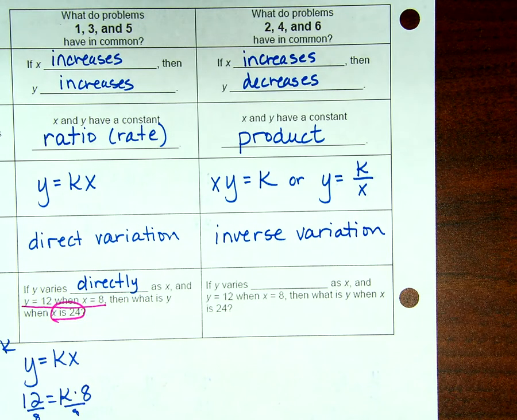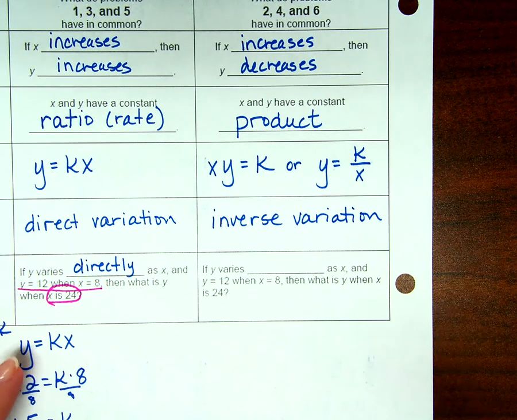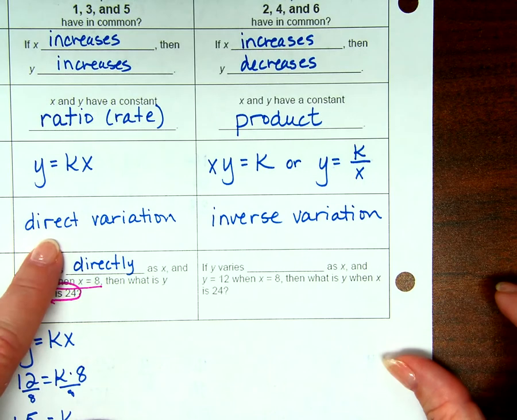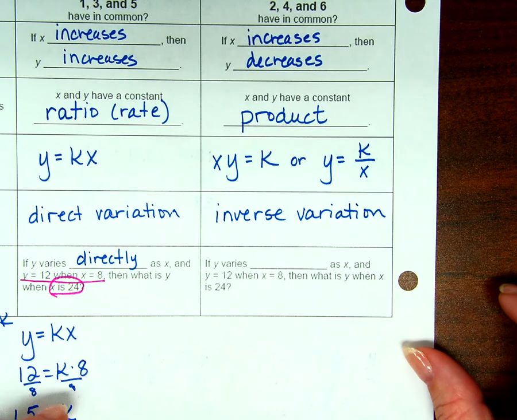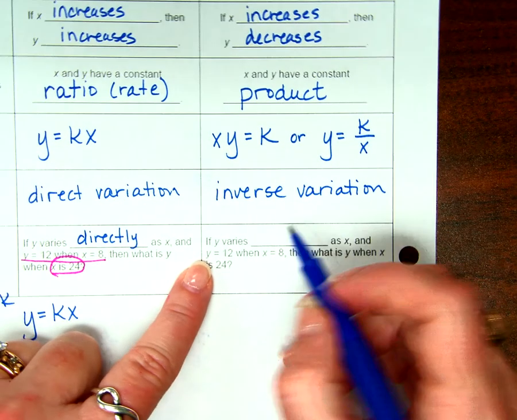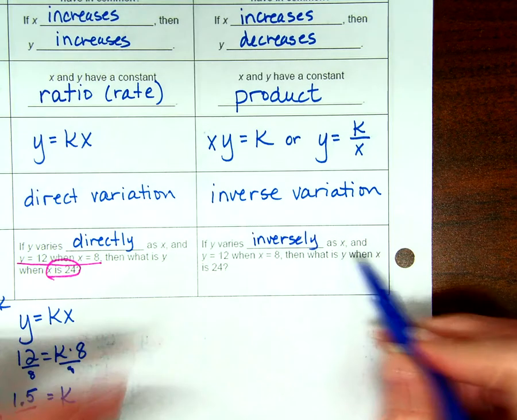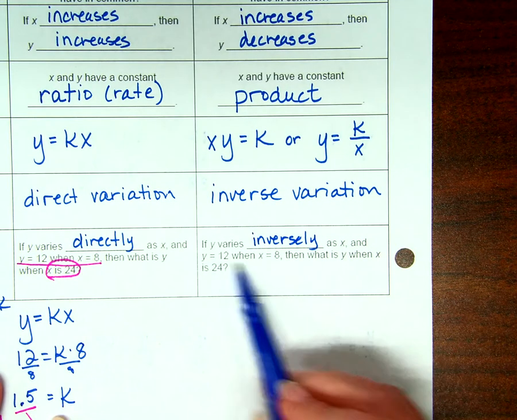Inverse variation. The way that things change. It's either a direct change or an inverse change. If y varies, what's it going to say? Inversely as x. And y is 12 and x is 8.